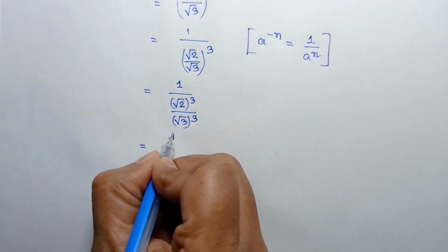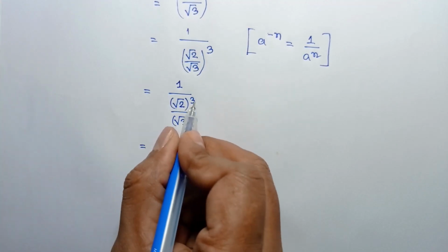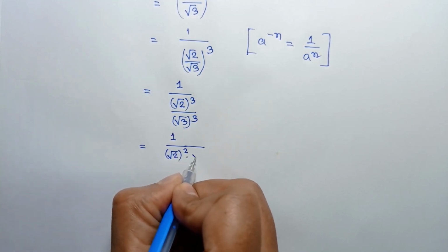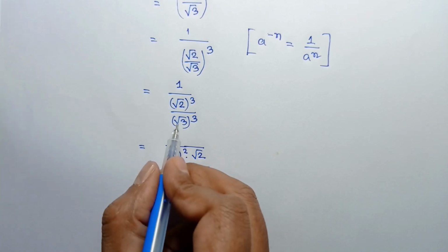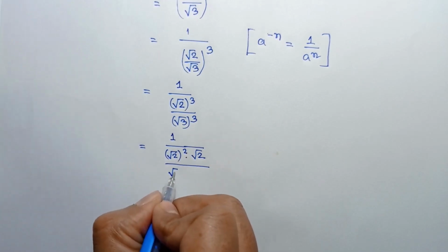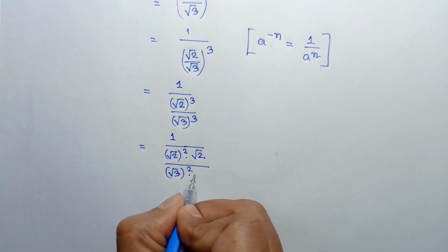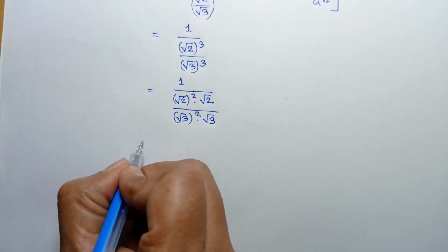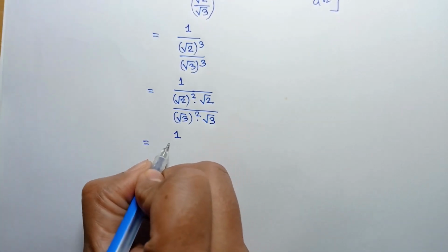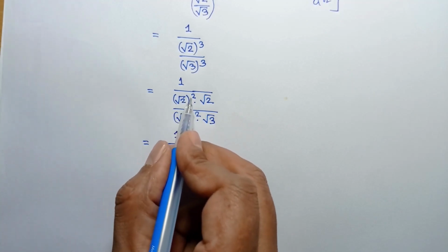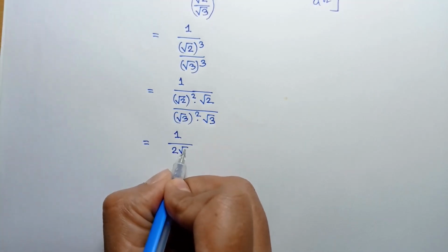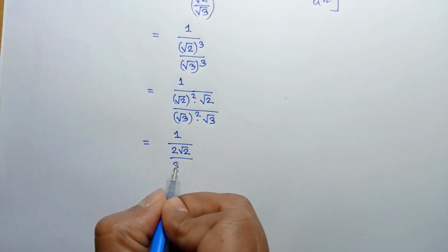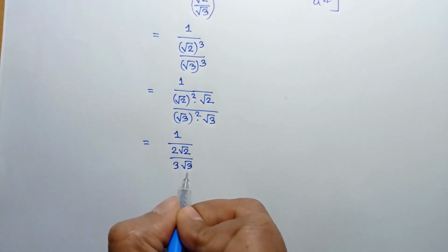This is equal to 1 over (square root of 2) whole cube, which is (square root of 2) whole square times square root of 2, over (square root of 3) whole cube, which is (square root of 3) whole square times square root of 3. This is 1 over (square root of 2) whole square is 2 square root of 2, over (square root of 3) whole square is 3 square root of 3.